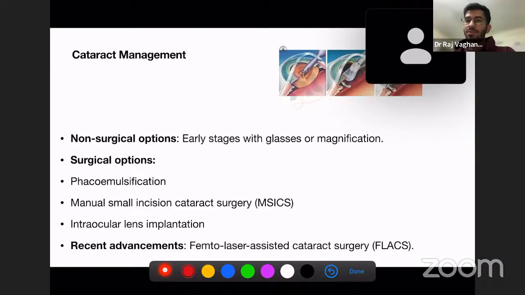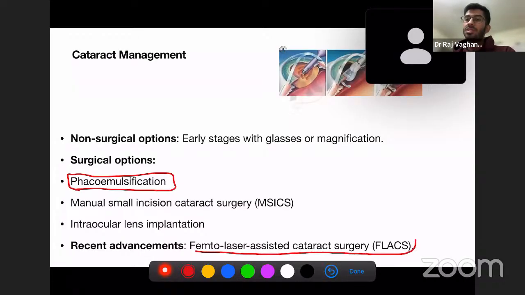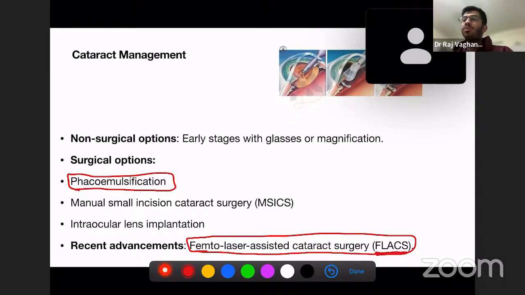But the recent advancement is femto laser assisted cataract surgery, which has more advantages, is easier to do, and has fewer complications. But since it is very costly and available only in limited facilities, not every hospital, it is limited, but it will become more and more famous in the upcoming years.